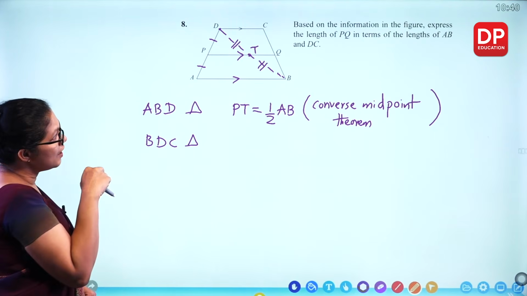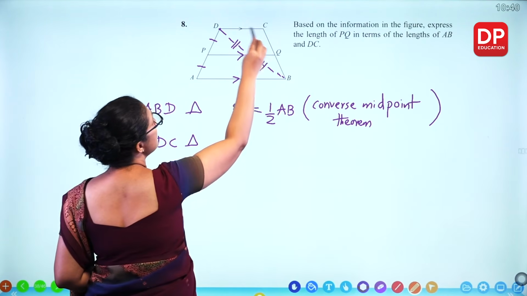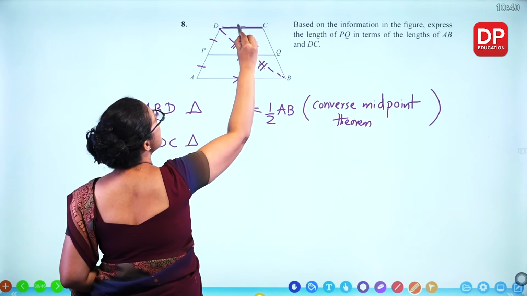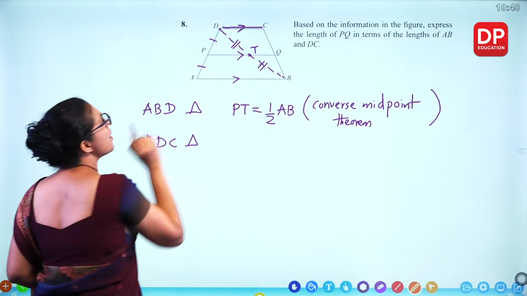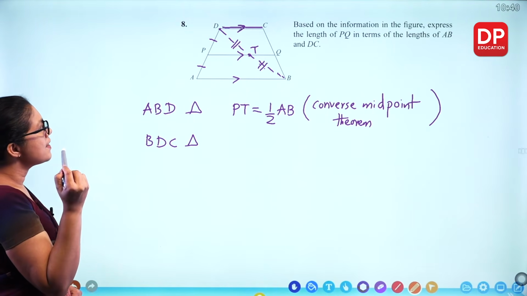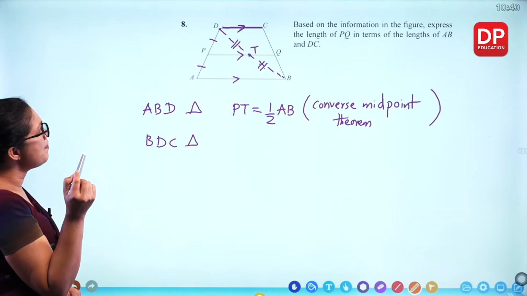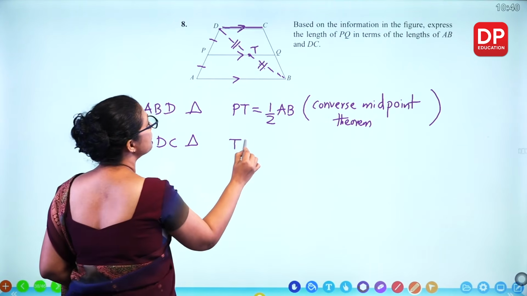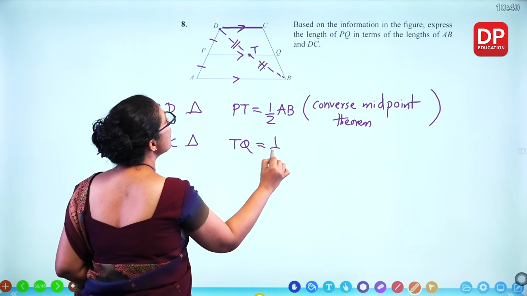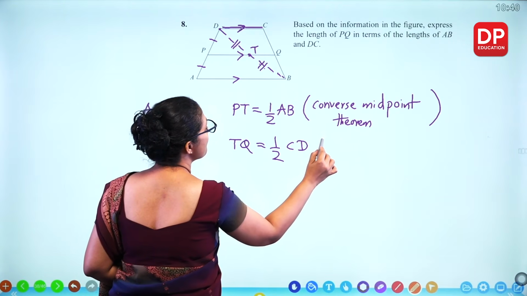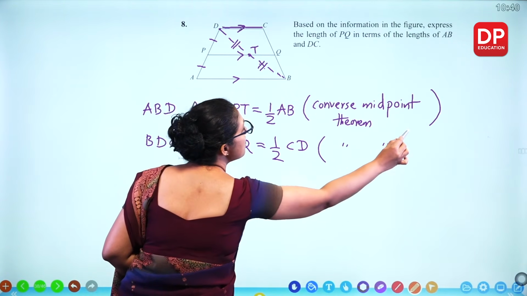In the BDC triangle, this length is equal to this one and this line is parallel to this one. Again, we can use the midpoint and the converse midpoint theorem and write down TQ is half of CD. This is also the same reason.